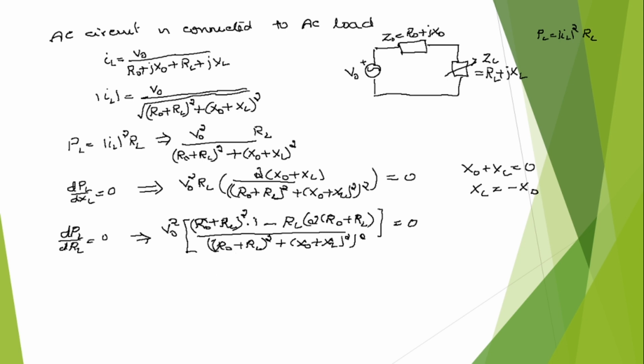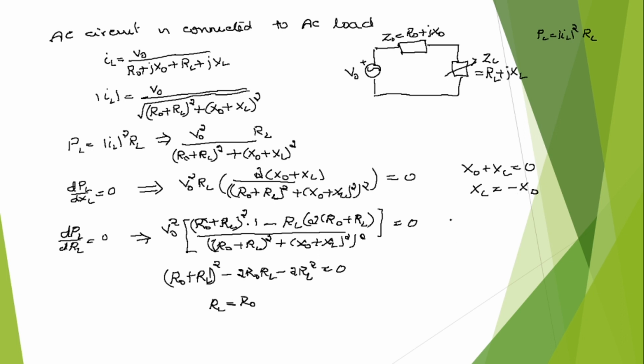Whenever a fraction is 0, it is because the numerator is 0. That means R0 plus RL whole square minus 2 R0 RL minus 2 RL square equals 0. We already derived this in the first case, so we get RL equal to R0. So RL equal to R0, XL equal to minus X0.